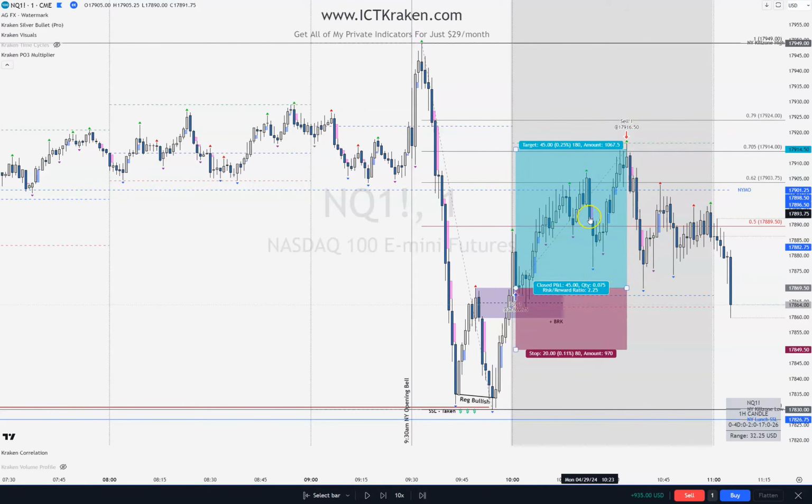But this was only 2 candles that came down. Had there been a third in here, we probably would have moved our stop and got stopped out. But this was a really sharp, quick drop down and then went right back up. So it was to take these swing lows and fill in this fair value gap and then go higher. So that's your silver bullet for Monday, April 29th, using the Kraken suite of indicators.